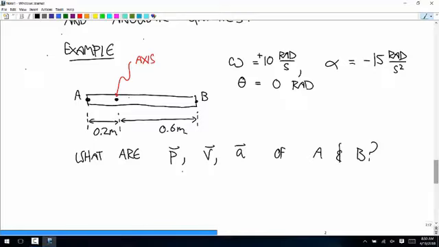Okay, so the idea is, this is stuff that you've already done before. If you think about the fact that every point on a rigid body is moving in a circular motion around its axis. So this point A is moving in a circular path like this.